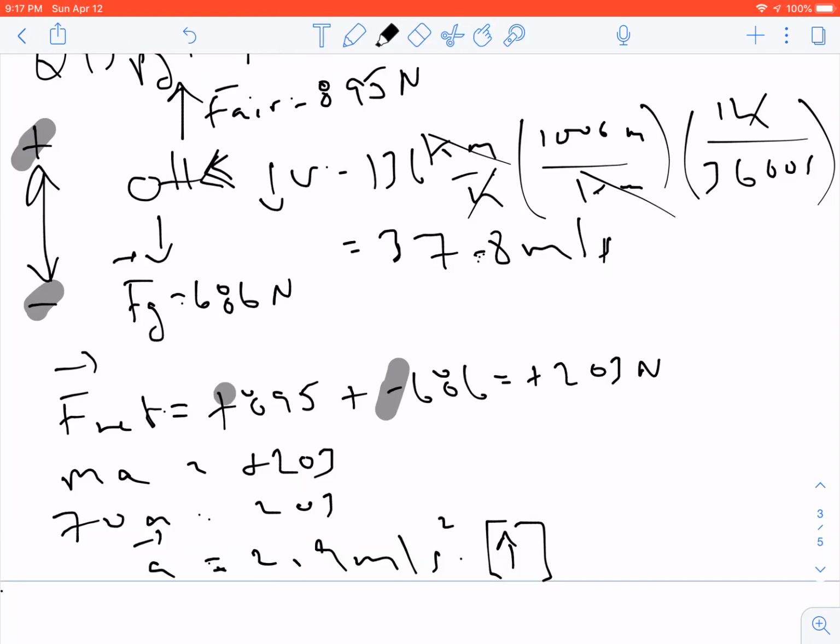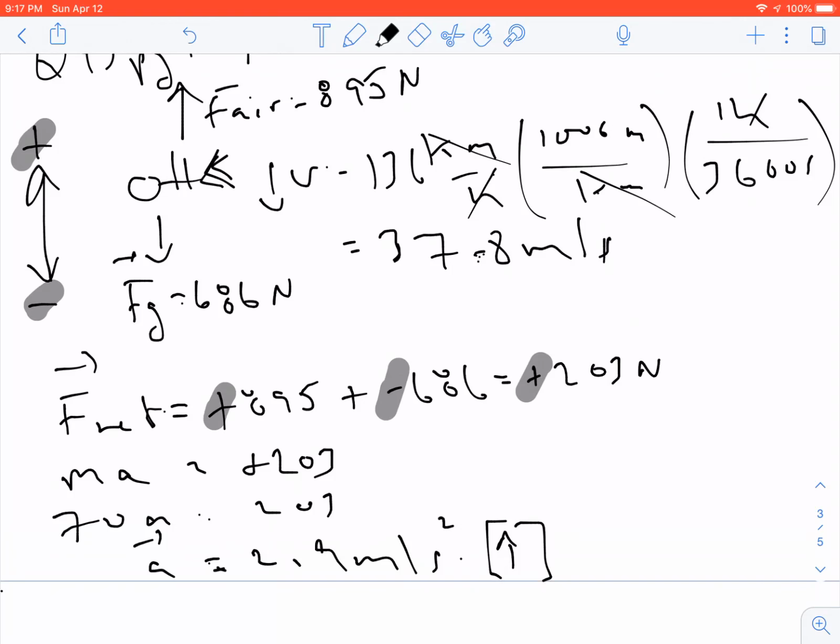The F net becomes negative 895, and her net force becomes negative 203 newtons, meaning her acceleration would be negative 2.9 meters per second squared, which in one way makes more sense to say that she's decelerating, losing speed, but that's only if the direction that we've chosen is the positive direction.